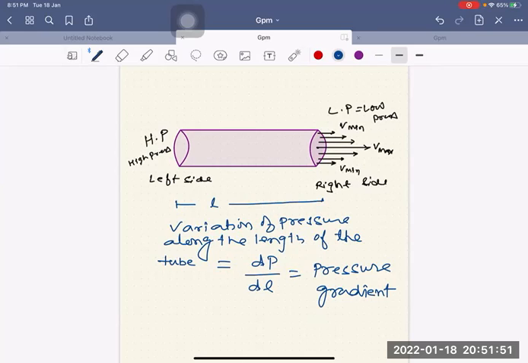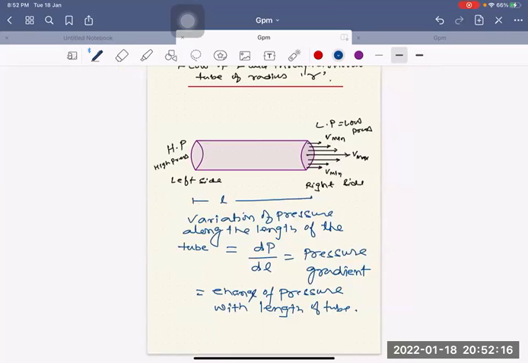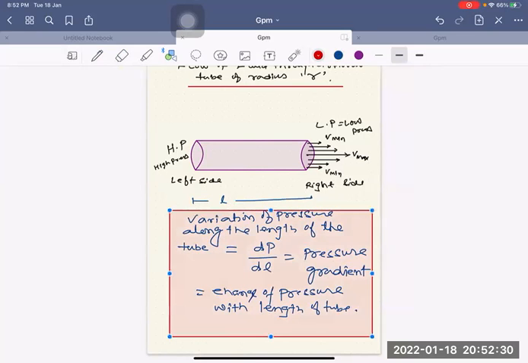Change of pressure with length. Length के साथ, with length of the tube. It's a pressure gradient. ओके, तो हमने एक प्रेशर ग्रेडियंट टर्म देख लिया यहाँ पे. ओके, सो दिस इज द प्रेशर ग्रेडियंट. हमने यहाँ पे प्रेशर ग्रेडियंट को देख लिया.